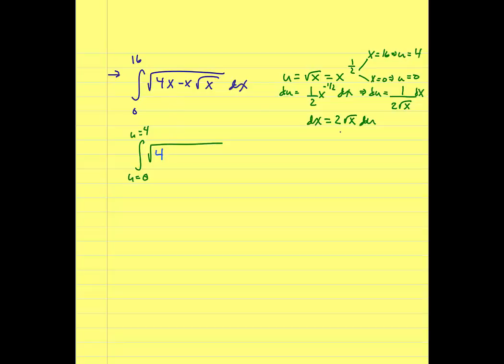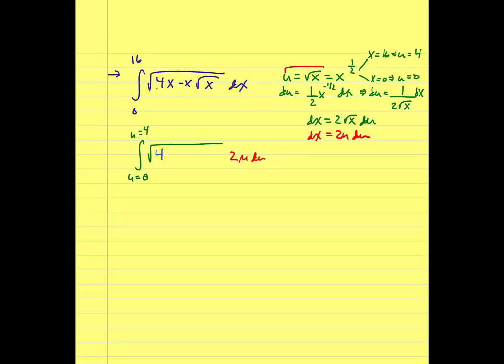So let's look over here to see what we can do with this substitution. I know that u is equal to root x. So root x is equal to just u, and this is equal to 2u du. So that would give me a little something to go by there. So dx is equal to 2u du.